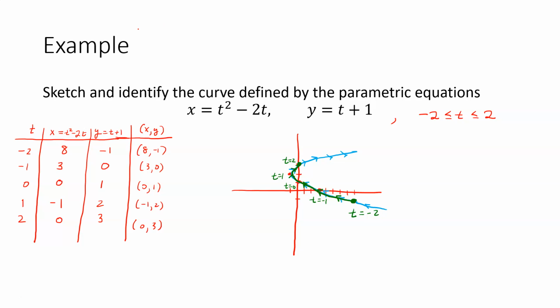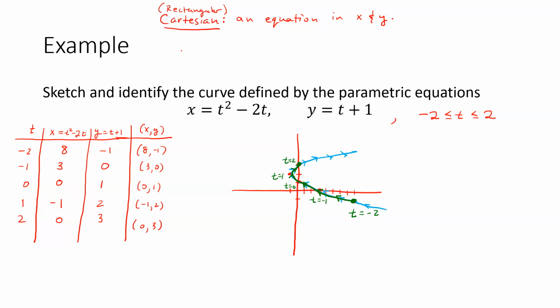To find a Cartesian curve, we're looking for an equation in the x and y variables. When we say Cartesian, another name for it is rectangular coordinates, but Cartesian means that we're looking for an equation in x and y.